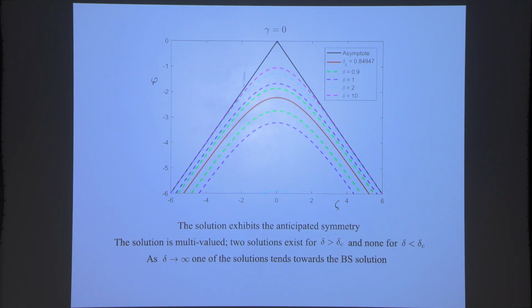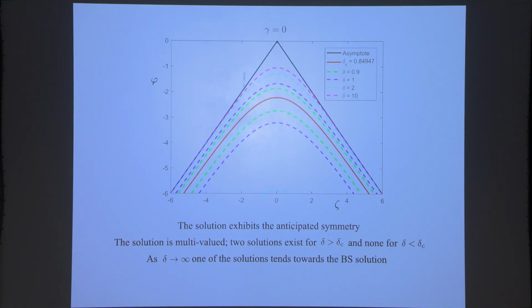So the outcome is that the solution is multi-valued. For every delta which is bigger than some critical one, there are two solutions. For delta equal to the critical, there is a unique solution. For delta less than that, there is no solution.